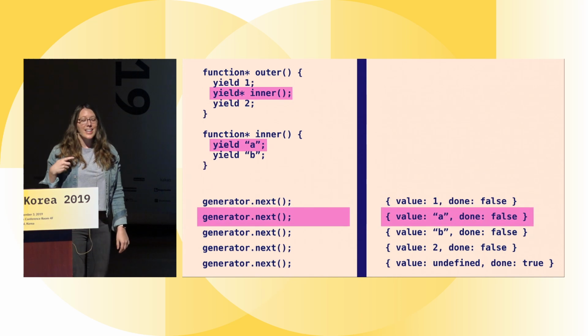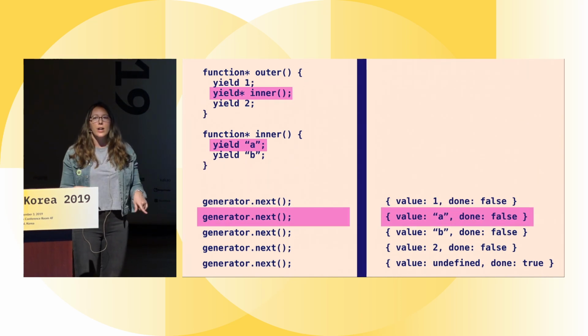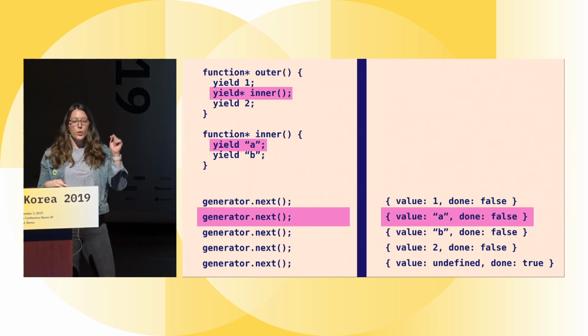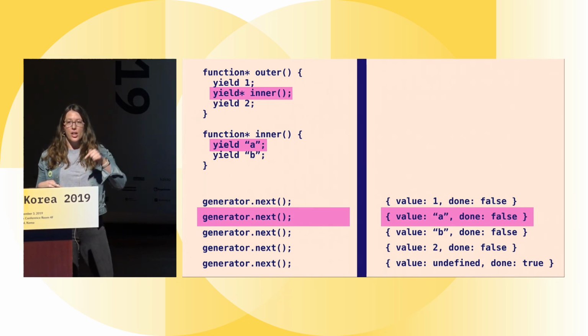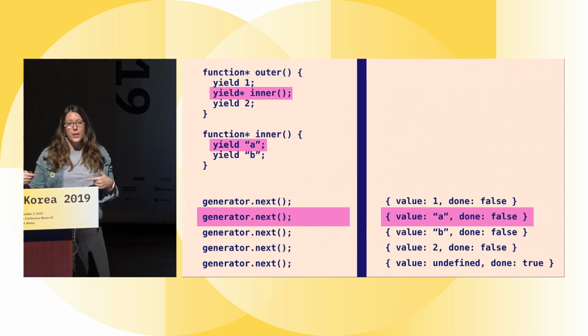But when I call next again, you're going to notice that we're not yielding back a function. What we're actually doing is going inside of the inner generator. So yield star is a delegate. And that means when it encounters a yield star with a generator next to it, it's actually going to start calling .next as if that generator was part of the outer generator.